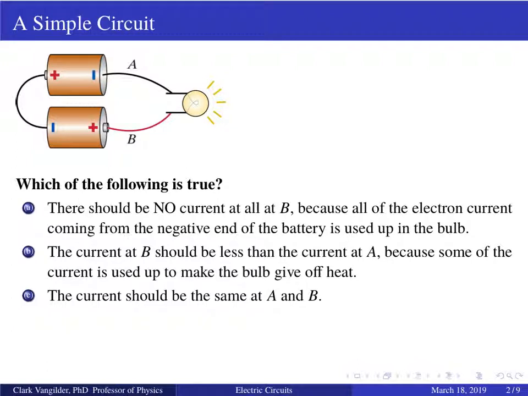So if we go from the top left of this thing, so let's get some colors going here. If we start here, this positive end's connected to that negative end, so the electric field has a direction that makes sense.